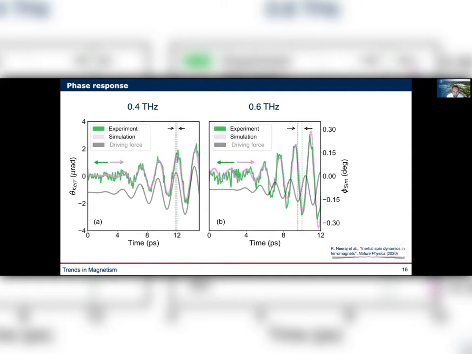And the driving force, this is not simulation, this is actually measured with an independent measurement. So we can measure when the terahertz field arrives. And we can see that they are basically in phase within the noise. But when we go close to the maximum, then we start to see something which is pretty close to 90 degrees. And in the supplemental material of the paper, we show all the frequencies and all the data.